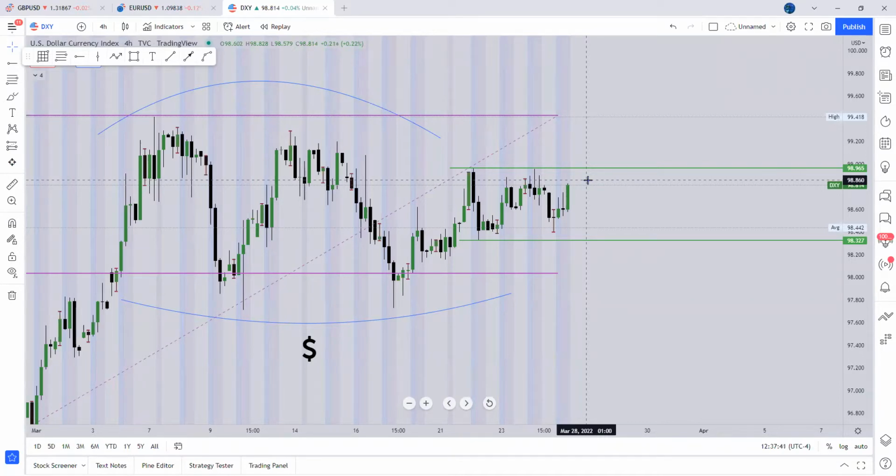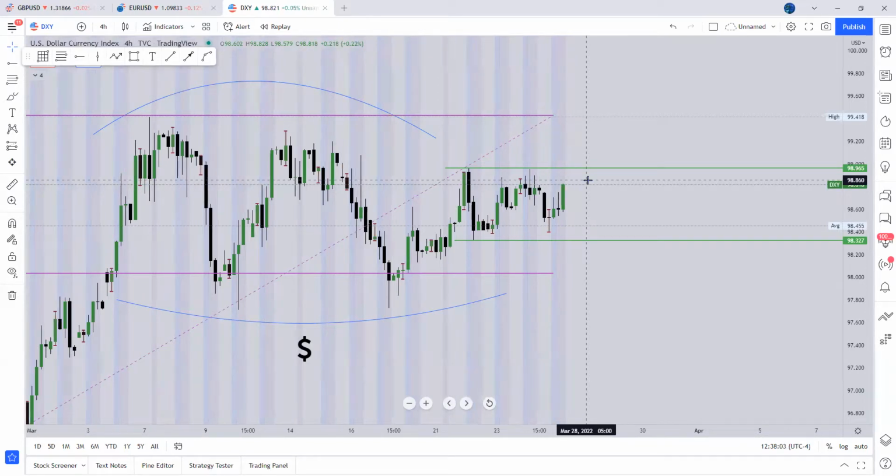And what do you do when you're consolidating? What happens when you're consolidating in a market? What are you supposed to do? Are you supposed to look for very, very heavy moves? Are you supposed to look for swing moves?